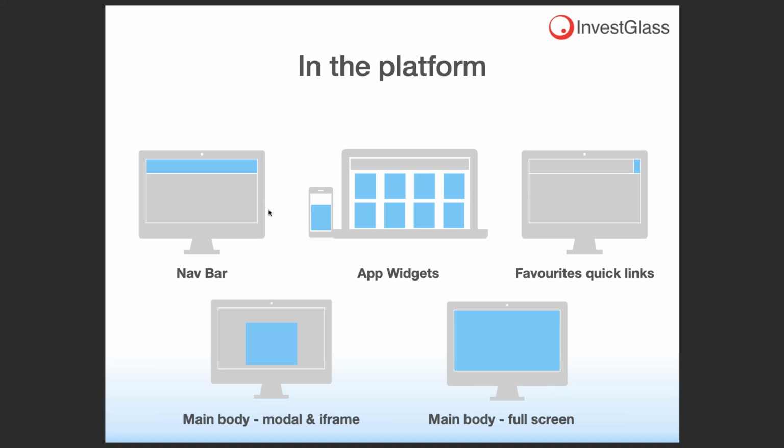The app widgets, the one in the middle, are those little apps that you can nest into the portal of your colleagues as well as the client portal. This is very nice because it will help you to customize an experience with different widgets based on the different journeys that you want to offer.